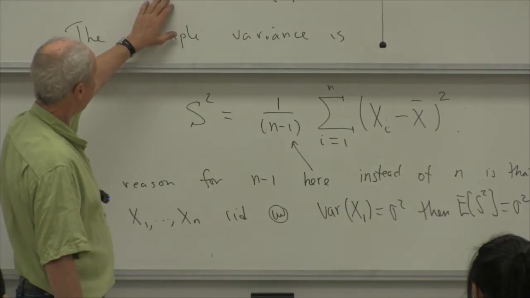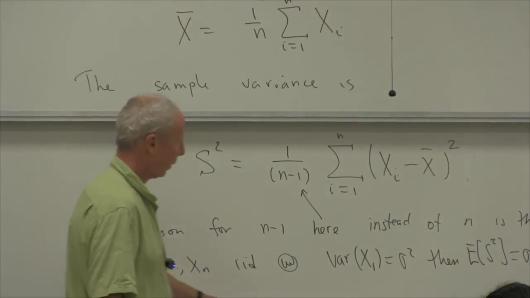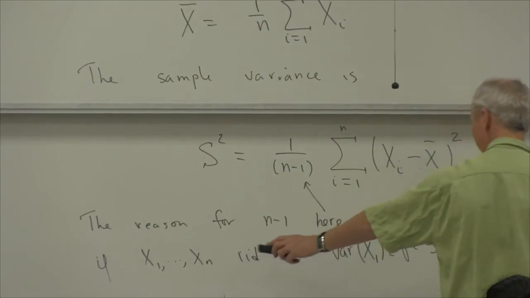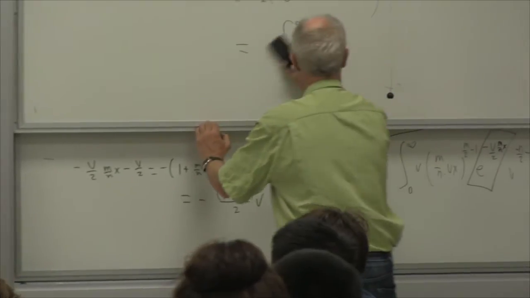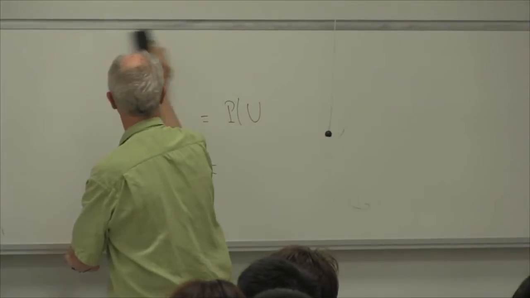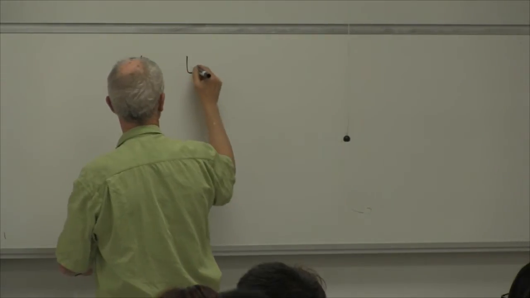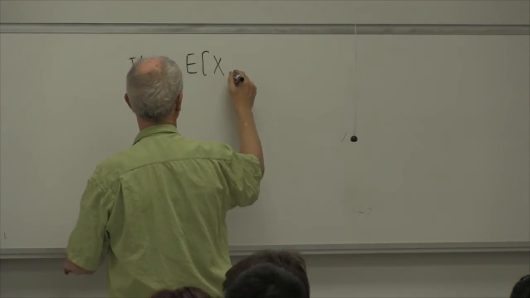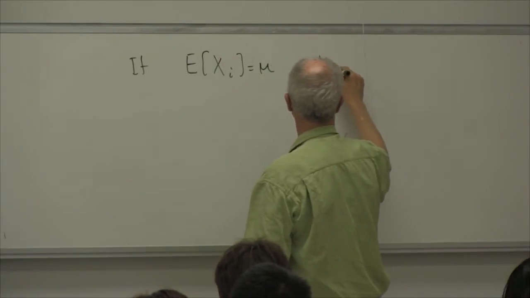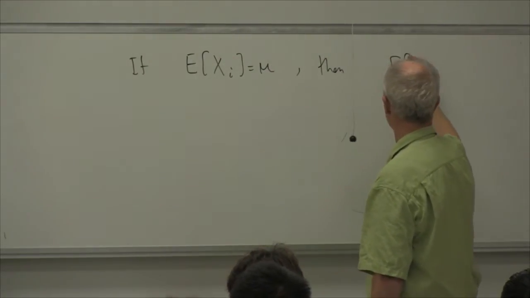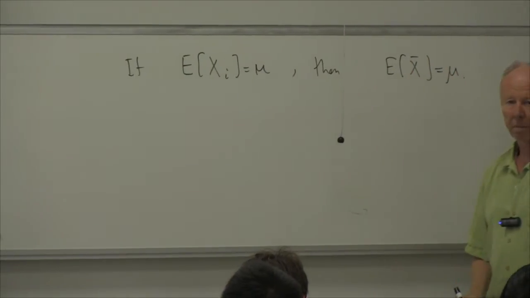Up here, what would the expected value of x bar equal? If we're in this situation again, if these are identically distributed, then the expected value of x bar is mu.